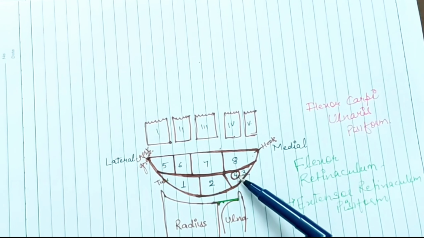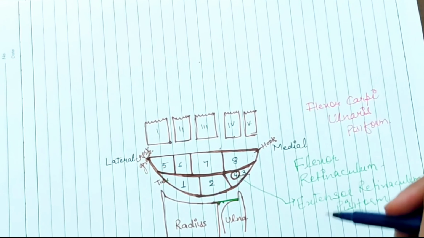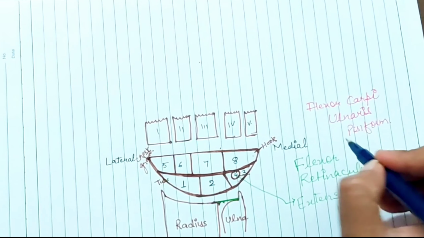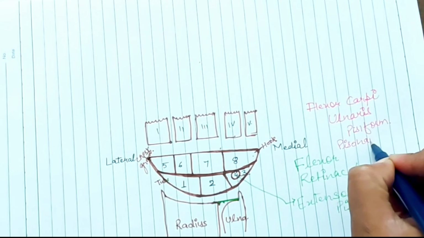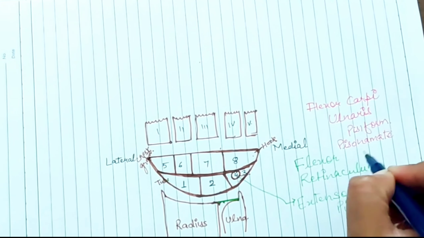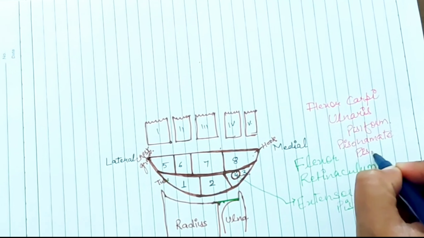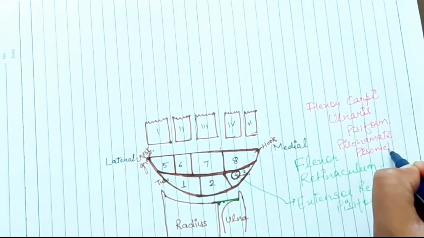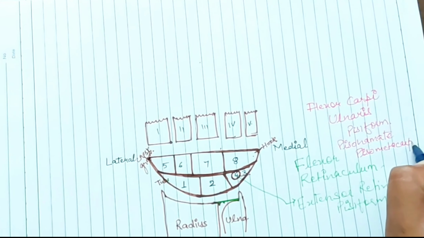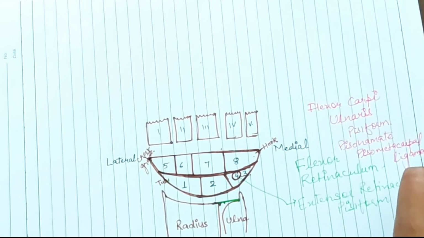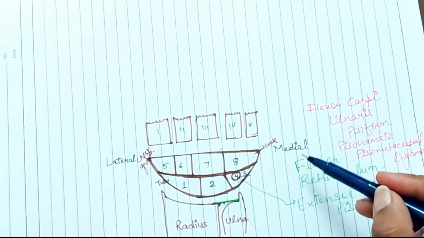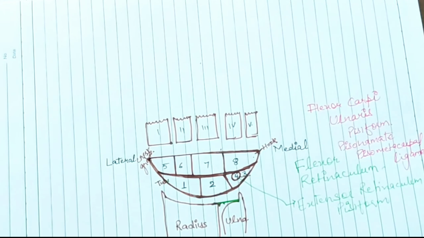Now from this bone, two ligaments extend, the pisohamate ligament and the pisometacarpal ligament. These are extensions of this muscle from the pisiform bone to other bones.